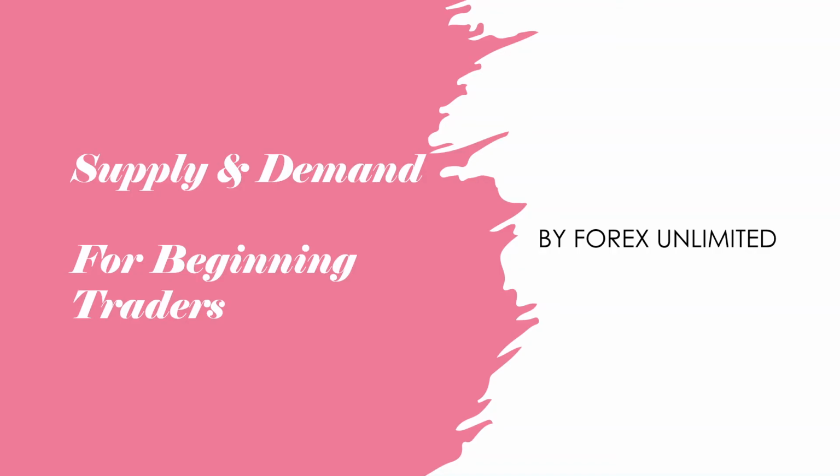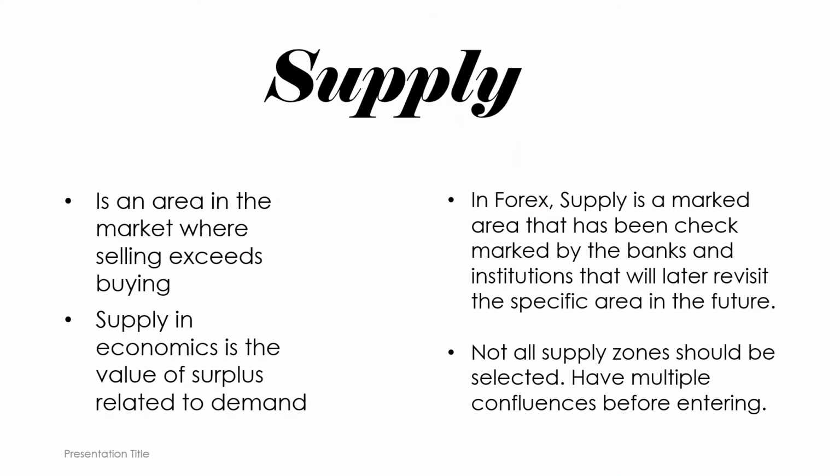All right, everybody. So we're going to go ahead and start our just two-slide presentation here over supply and demand for beginning traders. So supply is simply an area in the market where selling exceeds buying, right? In economics, this means that the value of surplus exceeds the value of demand.